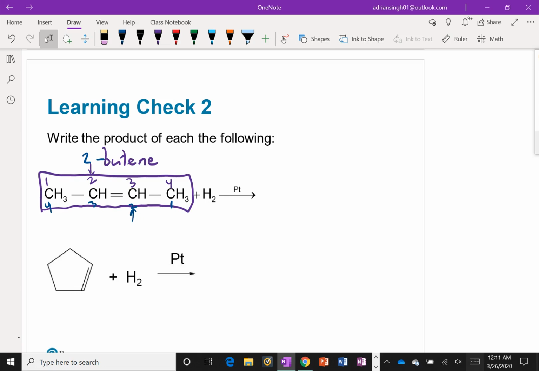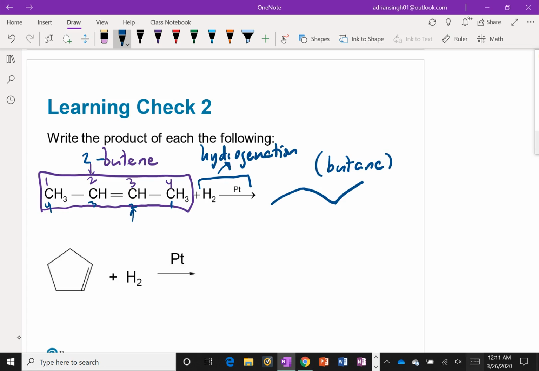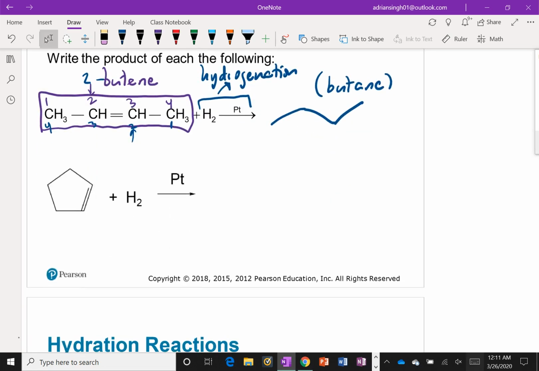All right, we're going to hydrogenate this, right? These are the conditions for hydrogenation. And when you hydrogenate something, you simply convert it from the alkene to the corresponding alkane. So we end up with 1, 2, 3, 4. And that's butane. Similarly, if we hydrogenate this thing, these are conditions for hydrogenation.